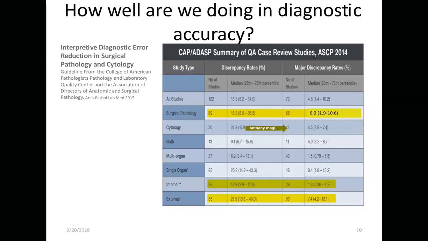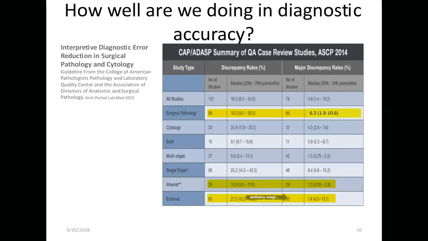And this certainly drives at centers like the Moffitt Cancer Center, where it is standard for us to review every external case that comes to the center for review of the pathology and for reassessment on tumor boards prior to initiation of new therapy. When we look at data from internal reviews versus external reviews, you see that in internal reviews, the discrepancy rate is much lower, about 1.3%, versus a 7.4% discrepancy rate in external reviews.